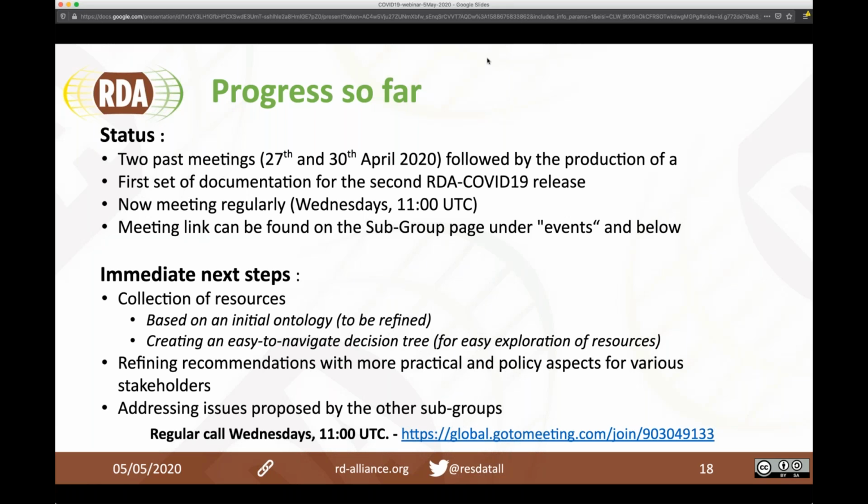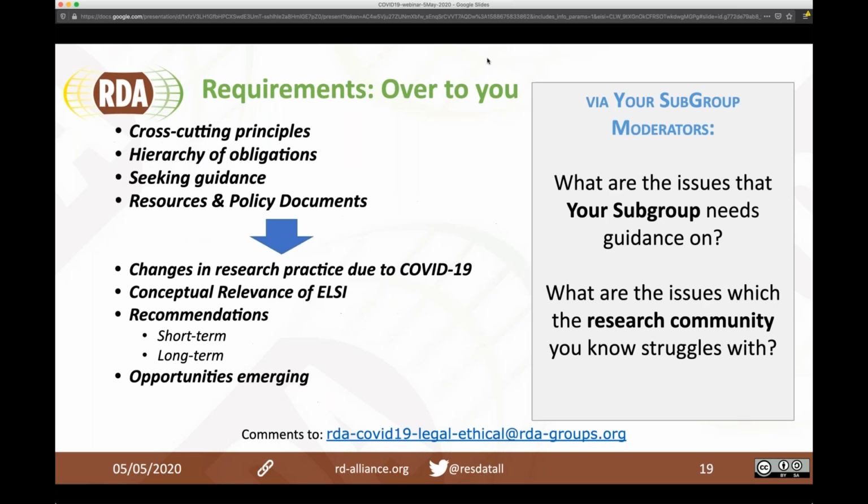And the last point there, so our role as well, as far as RDA COVID-19 is concerned, is to provide support to help the different areas and so the different subgroups to navigate the ethical and legal issues. Next slide, please.